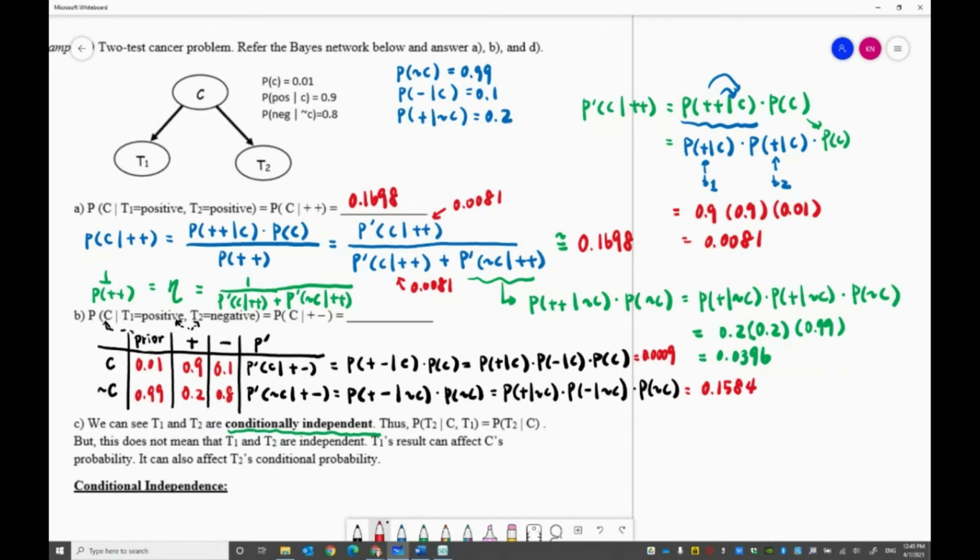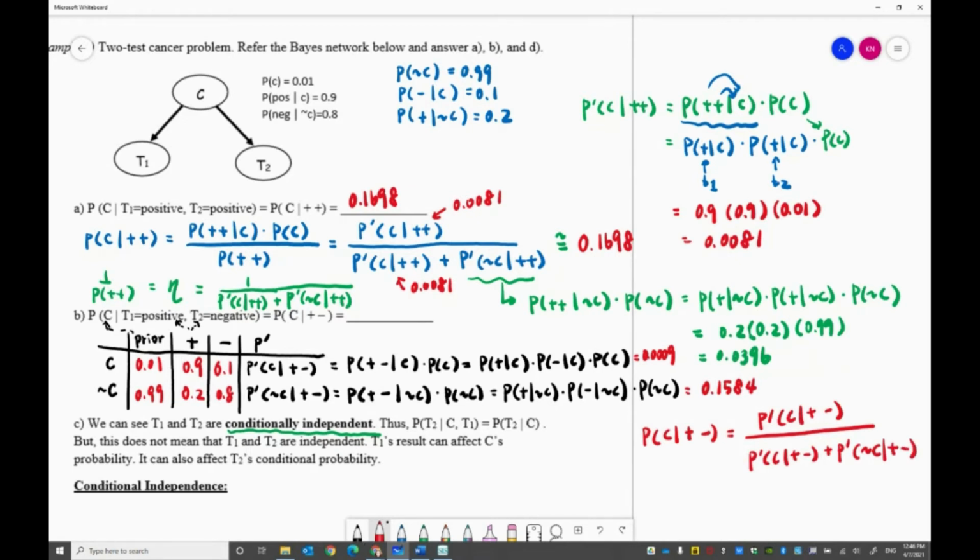So when I want to find the probability of C given positive and negative, it's going to be prime over prime plus prime of not C, the negative prior.